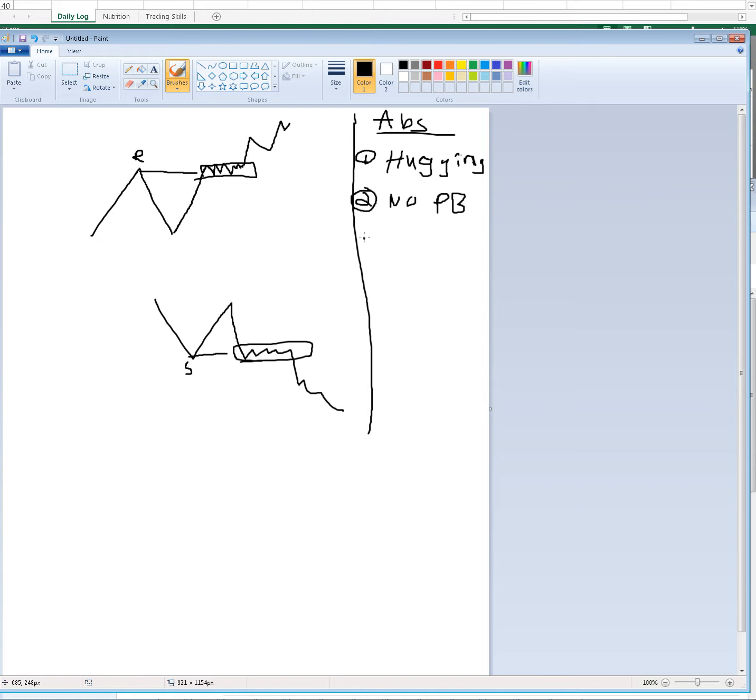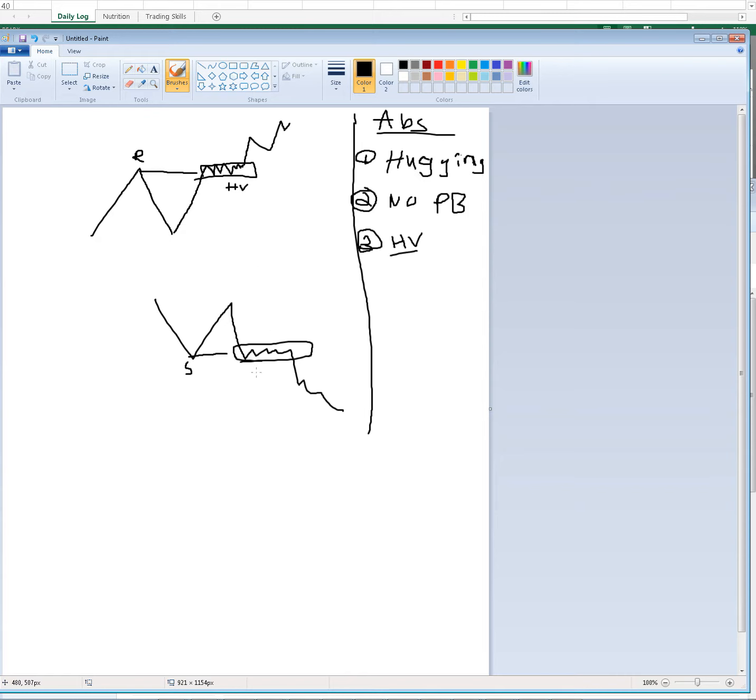Alright, and three, high volume. The high volume is evidence that buyers have bought what the sellers are selling. So in here somewhere there's going to be high volume. You want high volume in here because the high volume means that the buyers are absorbing the sellers.